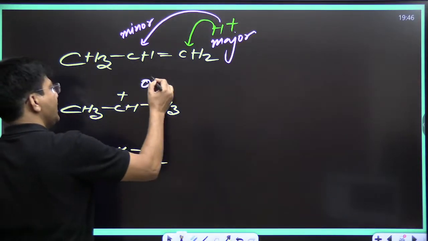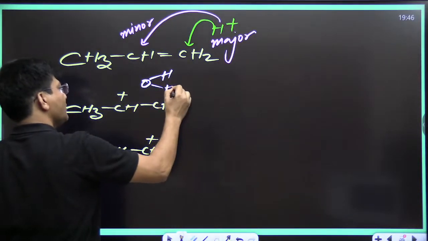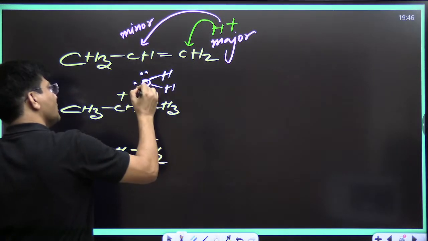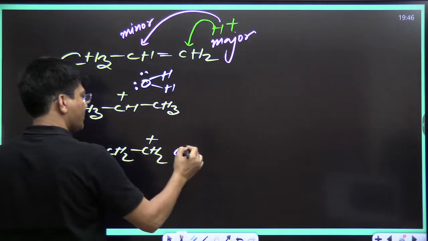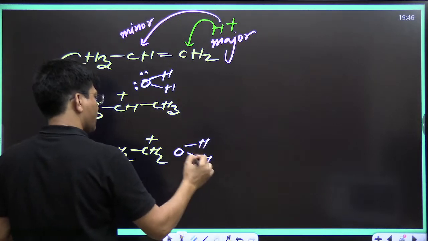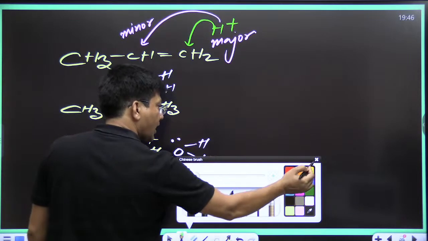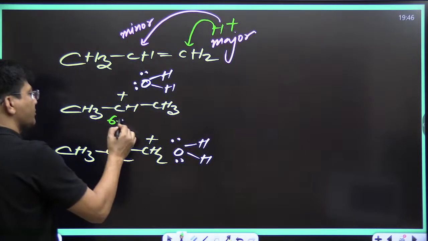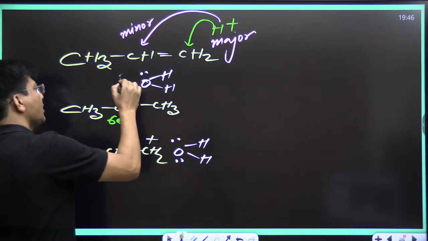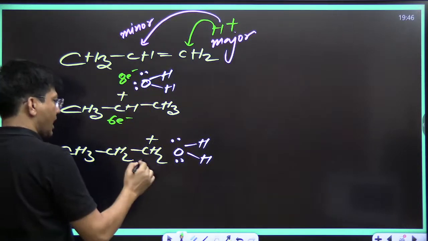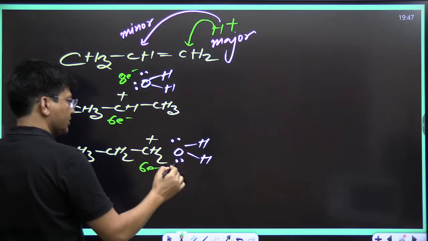Now, once the two carbocations are formed, water will come. Water is saying, hey, I have got electrons, I'm richy rich. The carbon will say, oh my dear, you have got 8 electrons and I'm just with 6 electrons. I'm an electrophile and you are being the nucleophile.